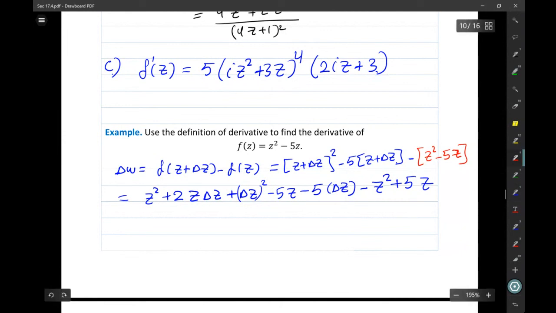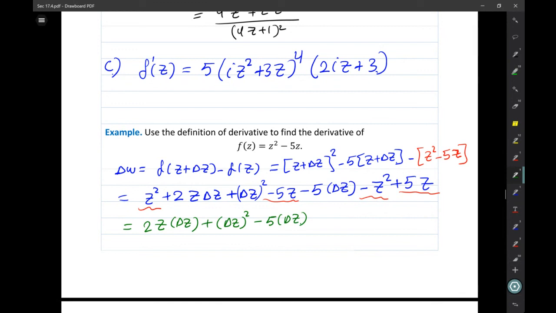Now let us simplify. We have minus 5z with plus 5z, which goes to 0. Again z square with minus z square goes to 0. So we will have 2z times delta z plus delta z square minus 5 delta z.